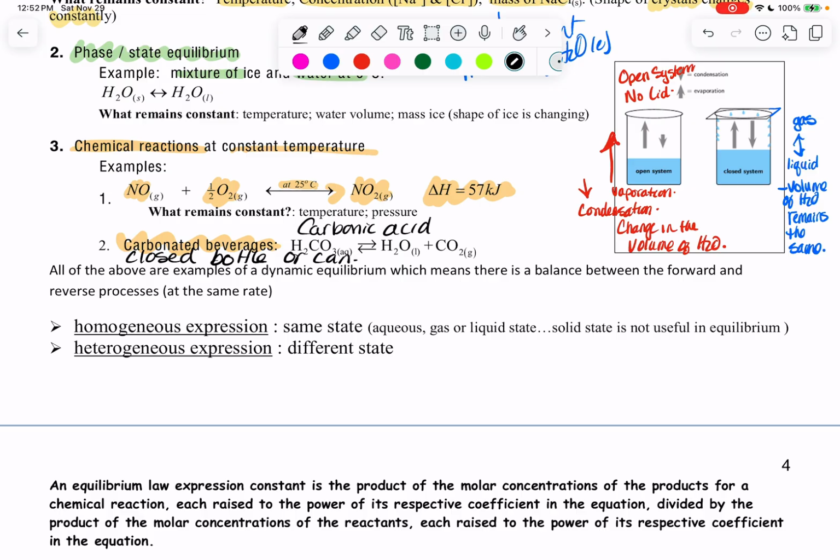So this is CO2 in solution, in equilibrium with carbon dioxide gas. And so as long as you keep the lid on, your pop will remain carbonated because it goes from the acid form to the gas form and back again.